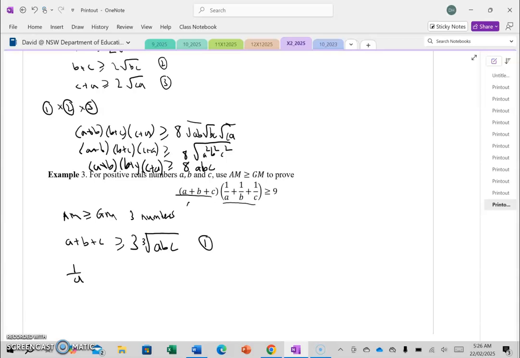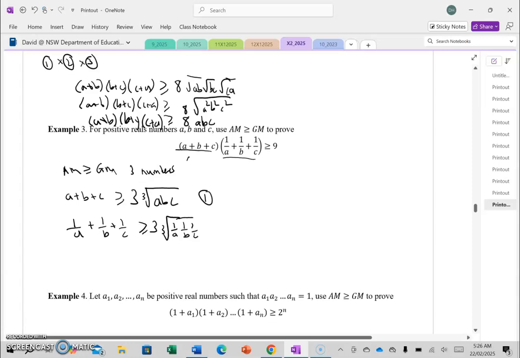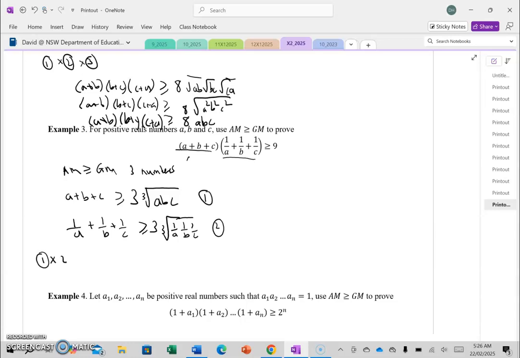Let's do it for 1 on A plus 1 on B plus 1 on C. It'll be over 3, greater than or equal to the cube root of the product, and the product here of the 3 numbers is 1 on A, 1 on B, 1 on C. Okay, so let's call it 2, and we'll just do 1 times 2 here, and I think you'll see the result popping out pretty quick. 1 times 2.